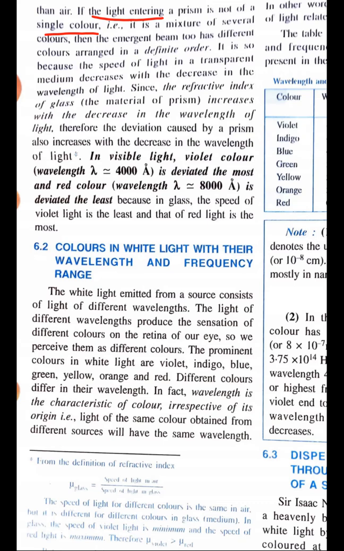Why does this happen? Because the speed of light in a transparent medium decreases with decrease in the wavelength of light. So speed decreases if wavelength is also decreased. Clear?